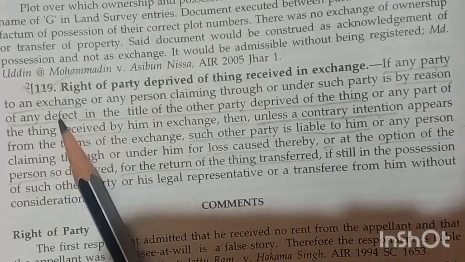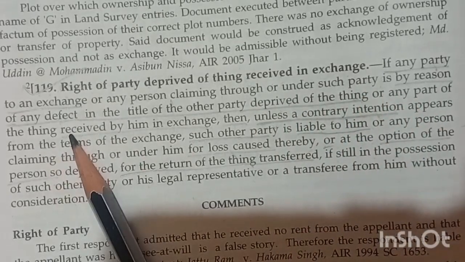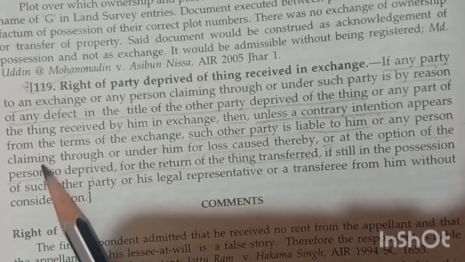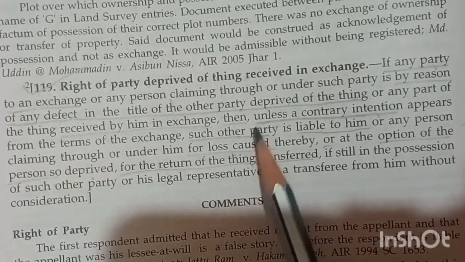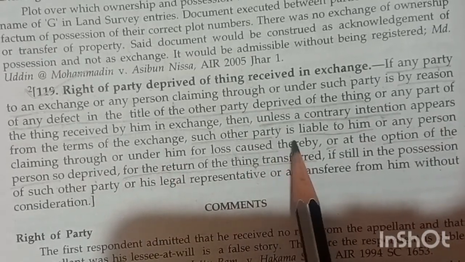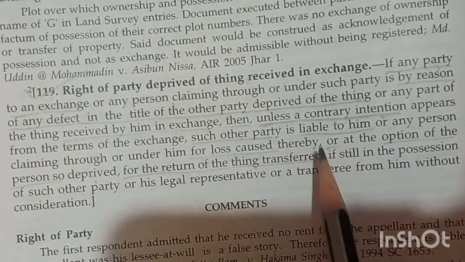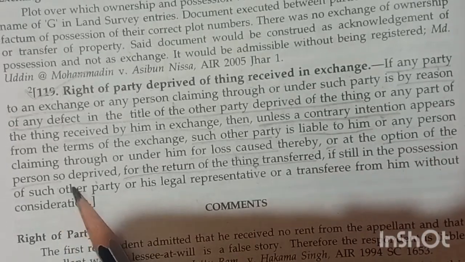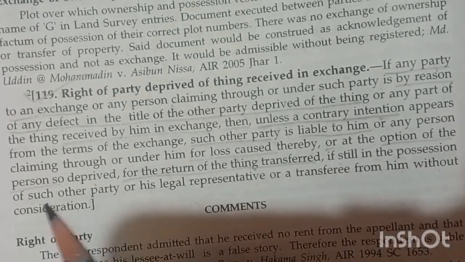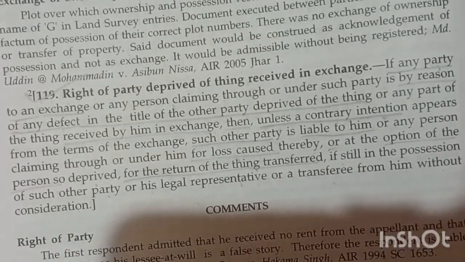If any party to an exchange or any person claiming through or under such party is, by reason of any defect in the title of the other party, deprived of the thing or any part of the thing received by him in exchange, then unless a contrary intention appears from the terms of the exchange, such other party is liable to him or any person claiming through or under him for loss caused thereby, or at the option of the person so deprived, for the return of the thing transferred, if still in the possession of such other party or his legal representative, or a transferee from him without consideration.